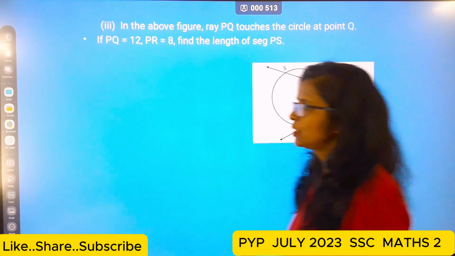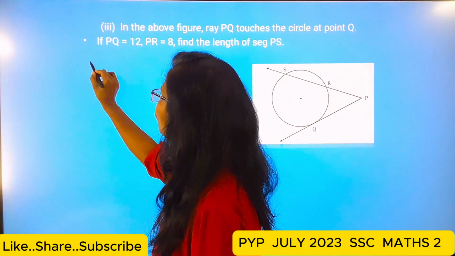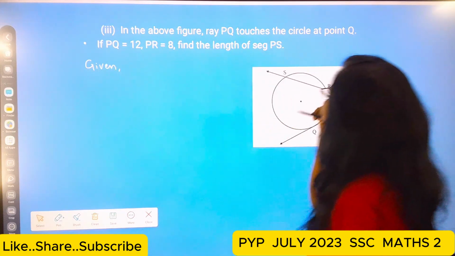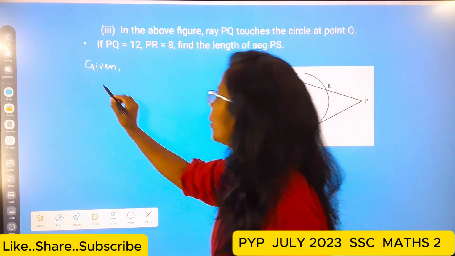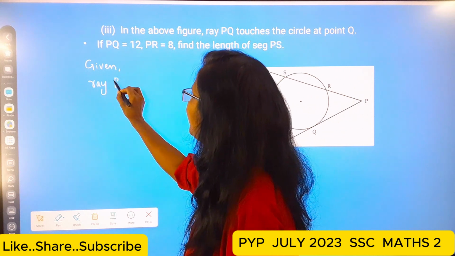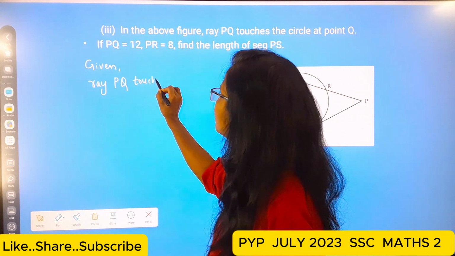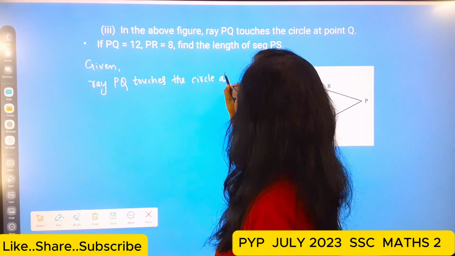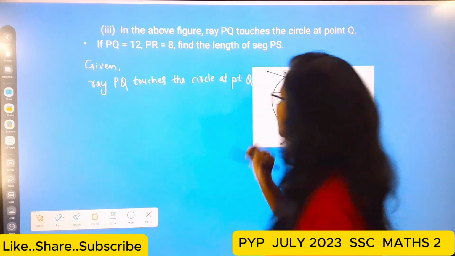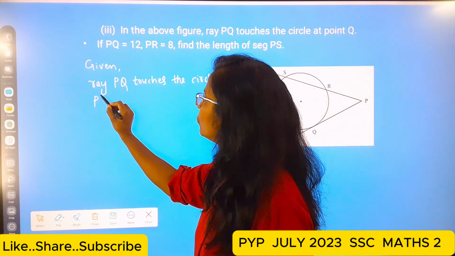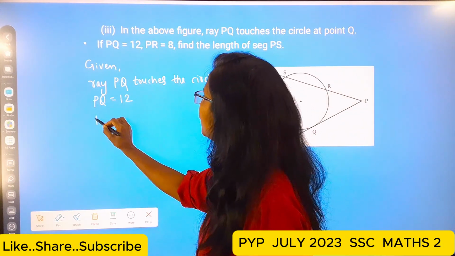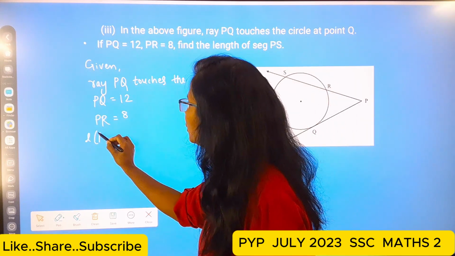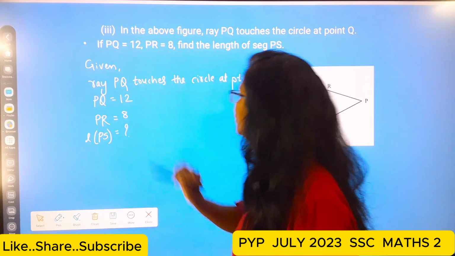Okay, so now first we write the given, students. The first given is that ray PQ touches the circle at point Q. And PQ is equal to 12, PR is equal to 8, and we have to find the length of PS.